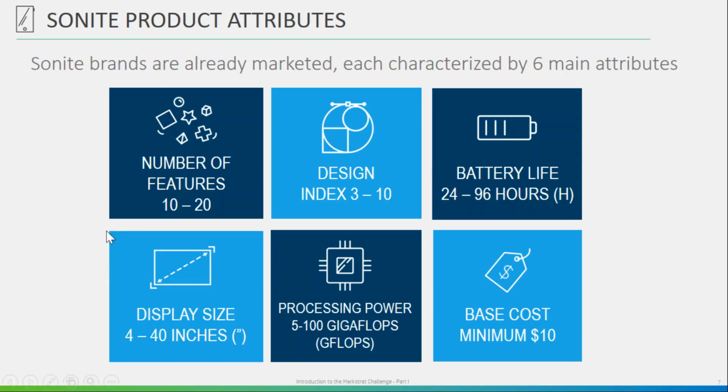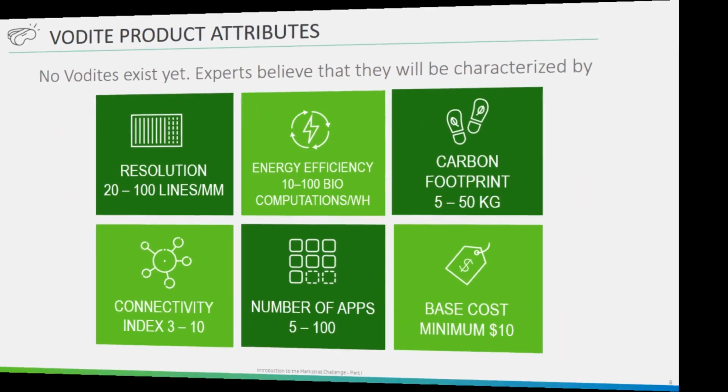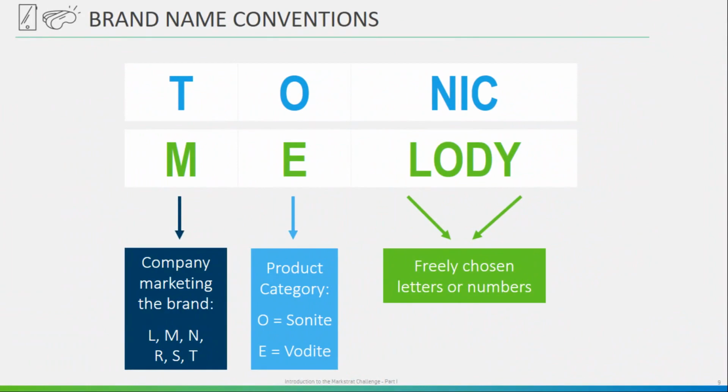Okay, so number of features, design index, and so on and so on. Okay, the VODITEs have different attributes. Remember these are the virtual reality glass type thing. So resolution, carbon footprint, a number of other things. All right.